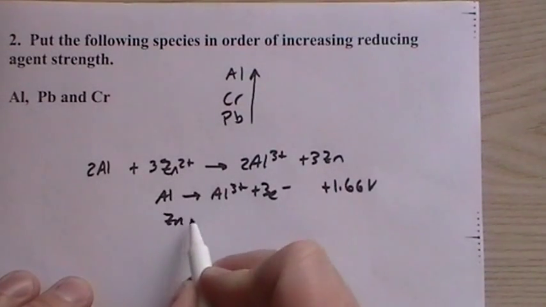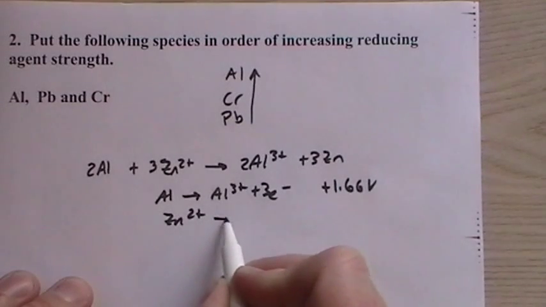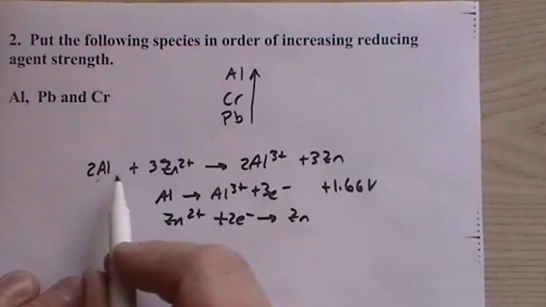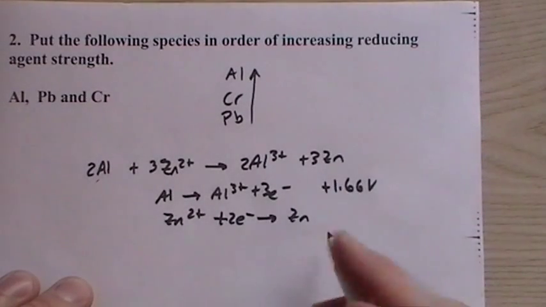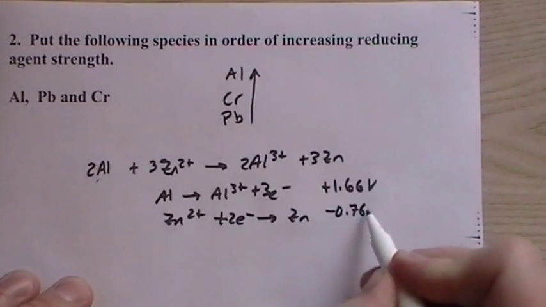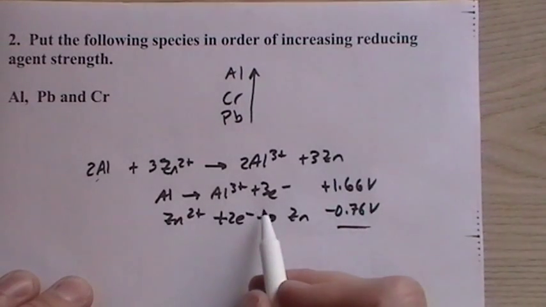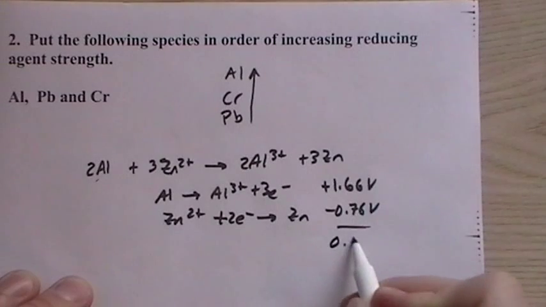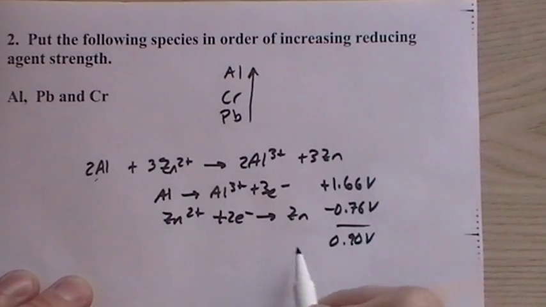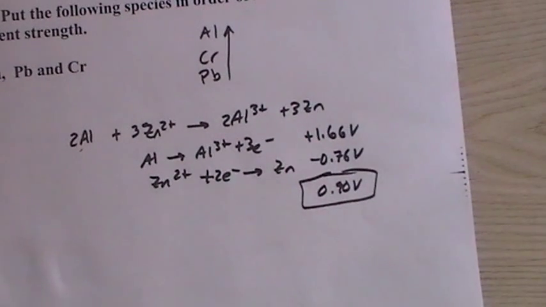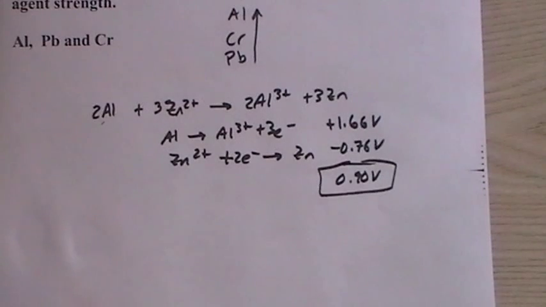And then the zinc, plus 2 electrons goes to zinc. And remember, even though this is a 2 and a 3, we don't touch the value of the reduction potentials, or in this case the oxidation potential. This is 0.9 volts. So this reaction does go, and it's not as high as some, but it's certainly not bad. So it is definitely a spontaneous reaction.